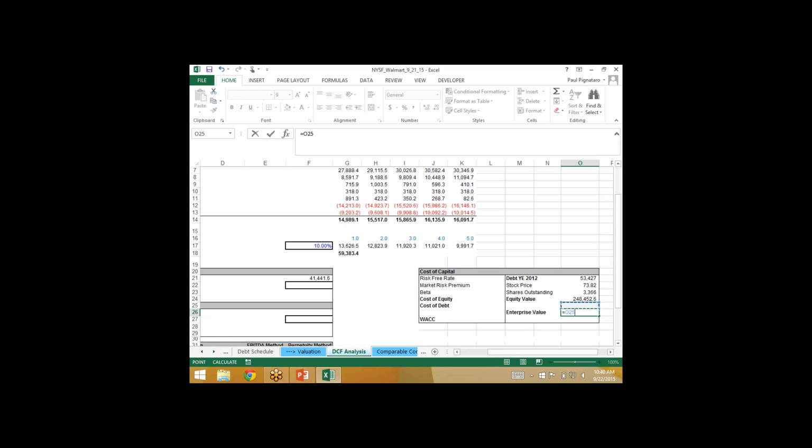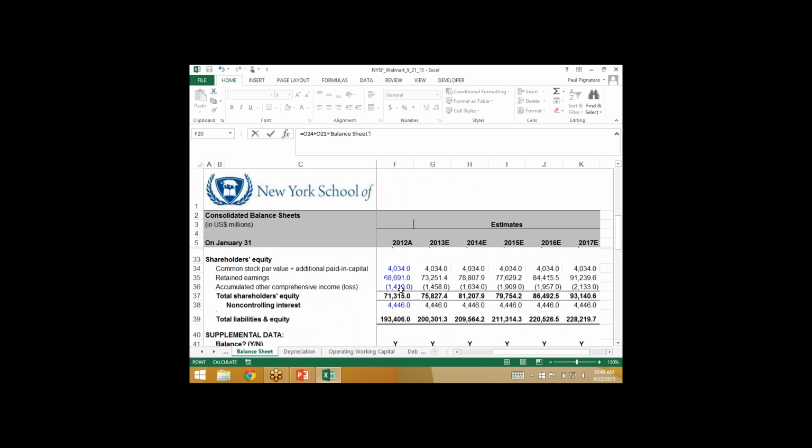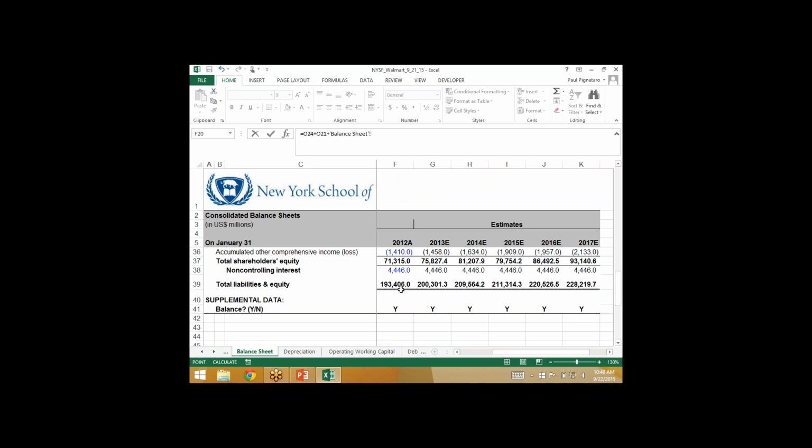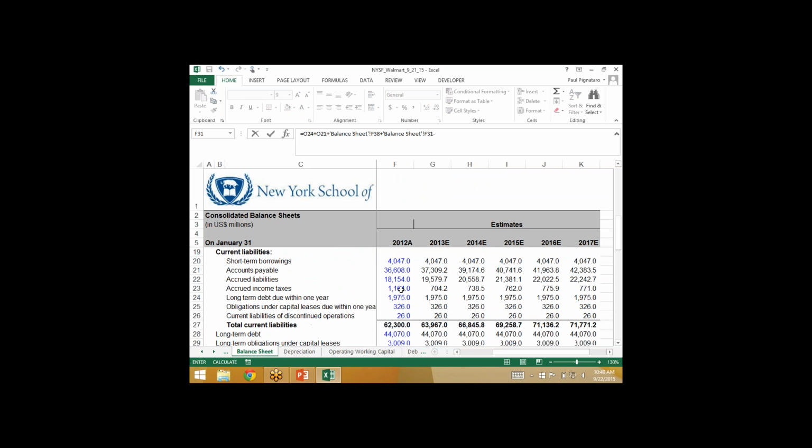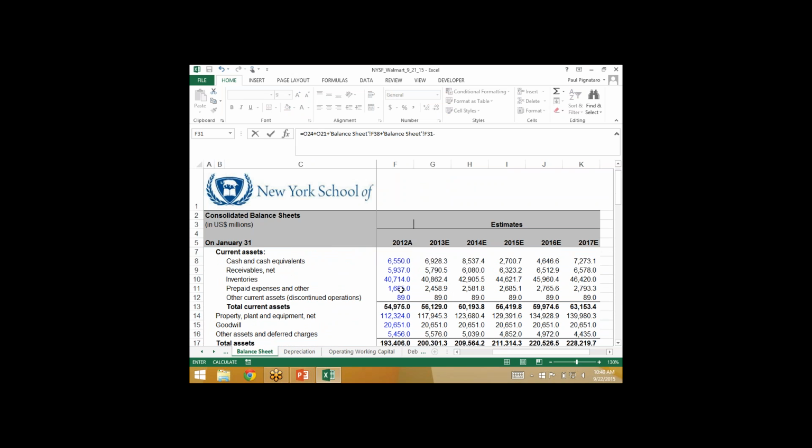So we're going to have equity value plus debt plus there are other obligations we're going to put in there, which will be non-controlling interests. Plus the redeemable portion. Okay. I did capital leases already, right? Yep. Minus cash.